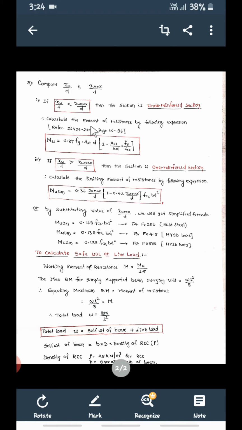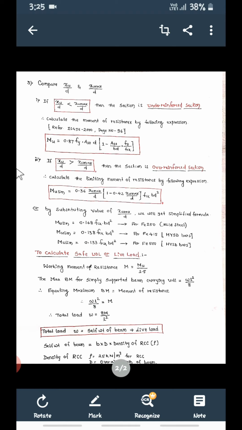Next, calculate the moment of resistance by the following equation. Use the following equation to calculate the ultimate moment of resistance, that is Mu. If you refer to IS 456 2000, page number 96, you will get the formula: Mu is equal to 0.87 Fy Ast d into bracket 1 minus Ast upon bd into Fy upon Fck.